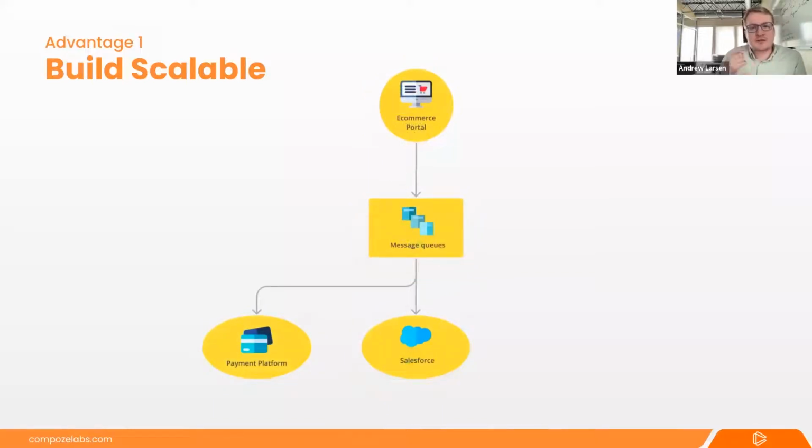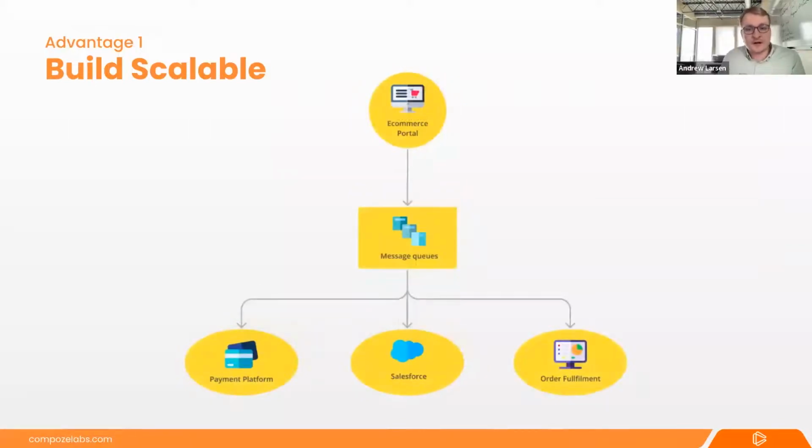Well, you'll notice that there's only one line that's been drawn to the payment platform from those queues, because the e-commerce portal does not have to care. The messaging system in between has now loosely coupled our components so that we can have an arbitrary number of subscribers that can subscribe to the stream of data. And so we can add our order fulfillment, and it just continues to work.